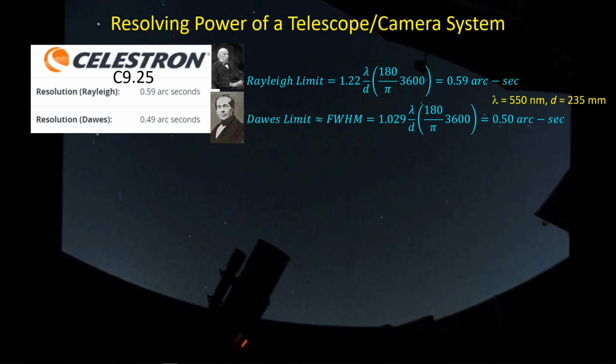So from now on, I'm going to be using Dawes limit and full width at half maximum interchangeably. In this case, if you plug in the 550 nanometers for green light and 235 millimeters for the aperture of this particular scope, you'll come out with 0.50 arc seconds for the full width at half maximum, which is very close to the 0.49 arc seconds that Celestron reports for Dawes limit.